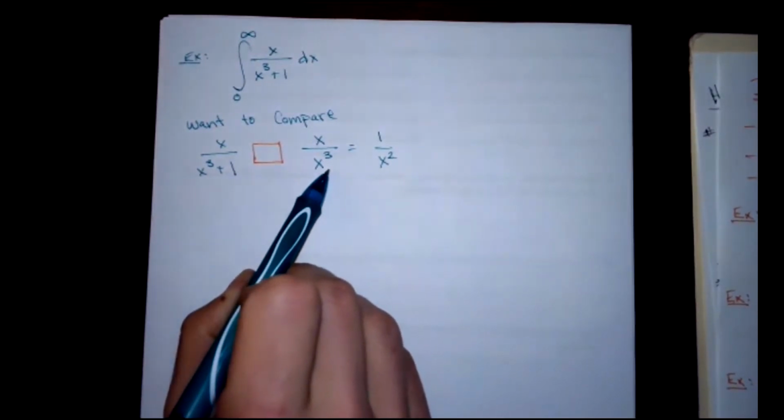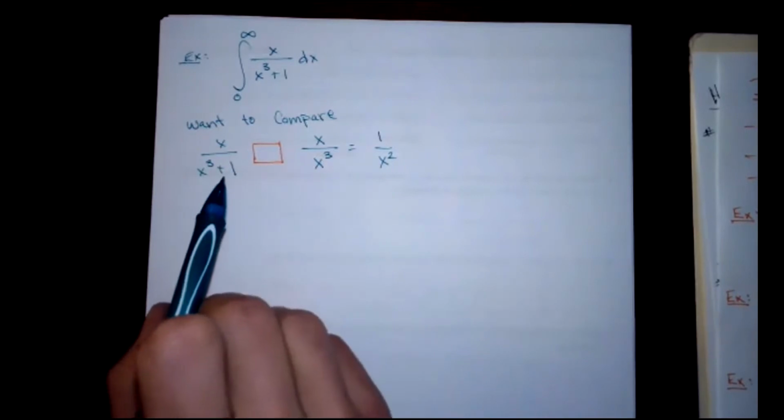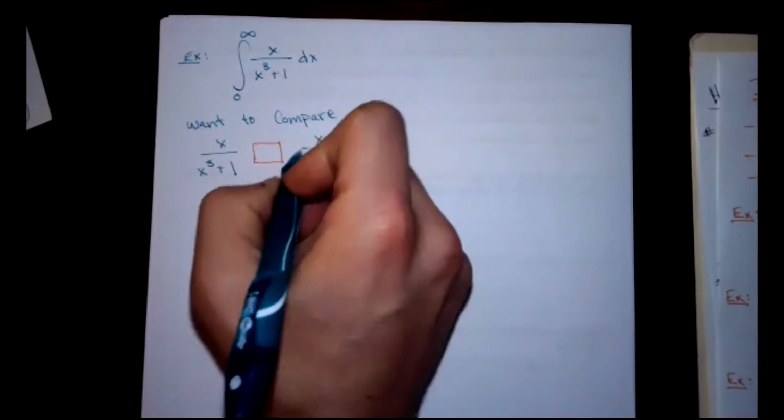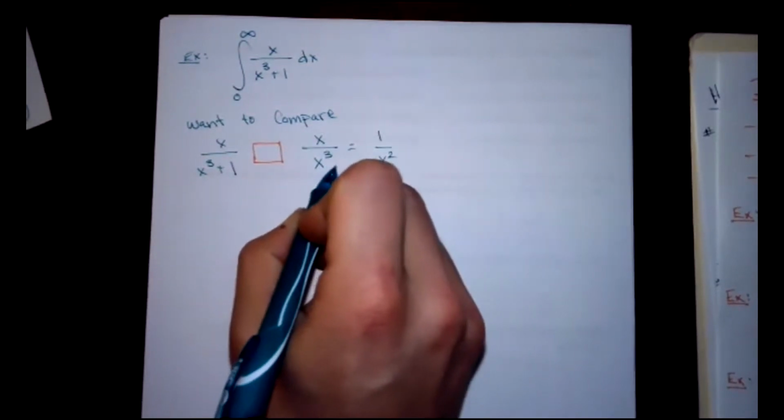So how are those going to compare? What did we do? We made the denominator smaller. So if I make a denominator smaller, what's going to happen? That means this guy, since it doesn't have a plus 1, it's a smaller denominator, so that guy is going to be bigger.